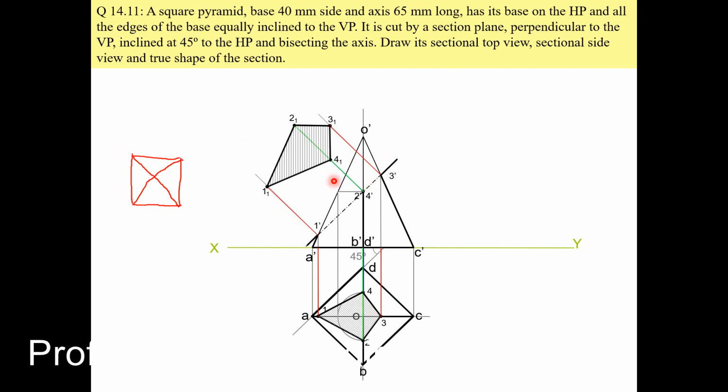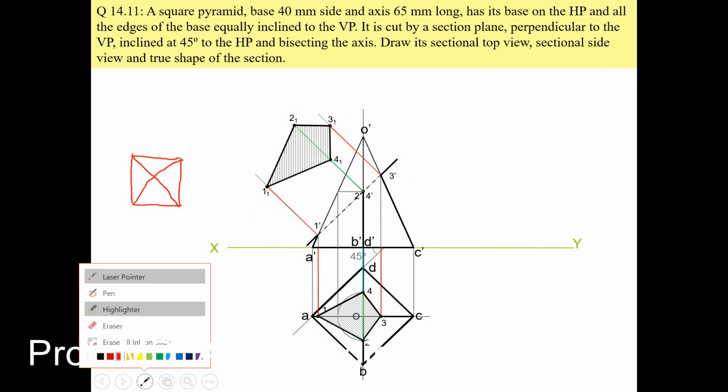To get this true shape of section, take your projection lines from this section plane normal to this section plane, so 90 degrees in this way. Then draw a line parallel to this section plane.